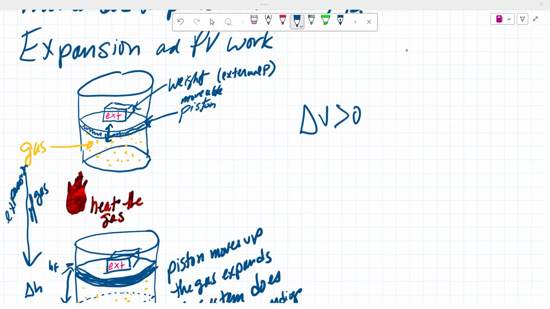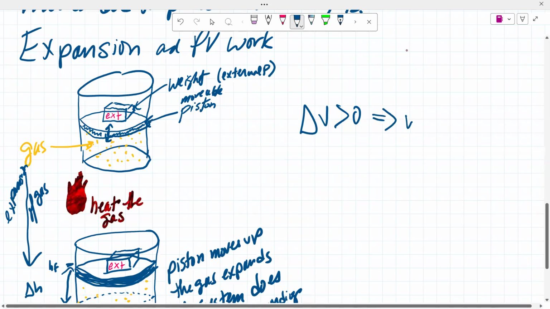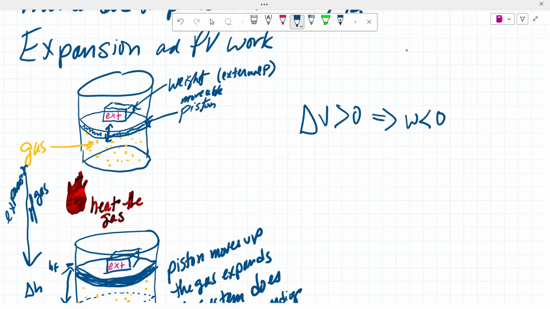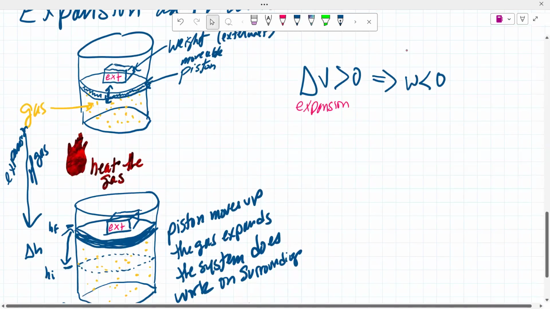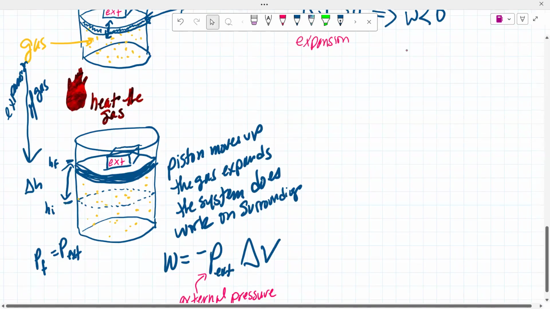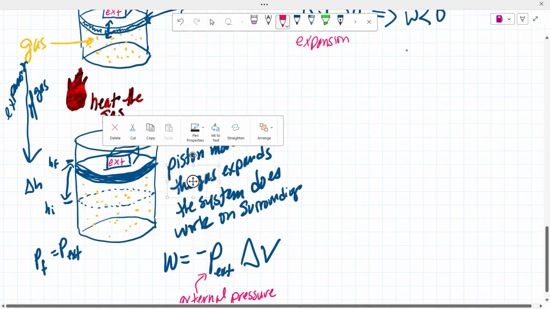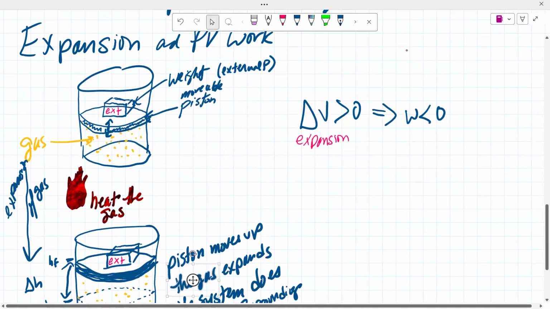Okay, and this means you had an expansion, right? And that means that work is less than 0. In other words, this is an expansion, right? Because we went from the gas being like this, and the gas expanded. That's what this is showing over here.